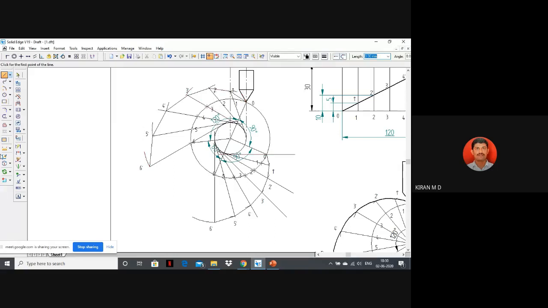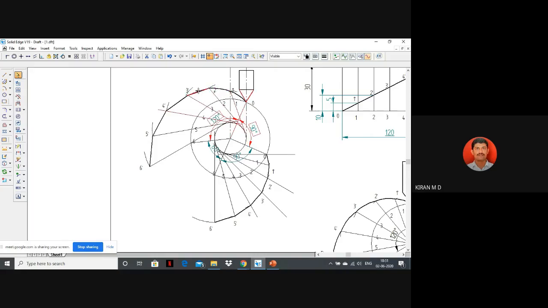Okay, join the lines using a curve. So then just it is needed to make the curve.